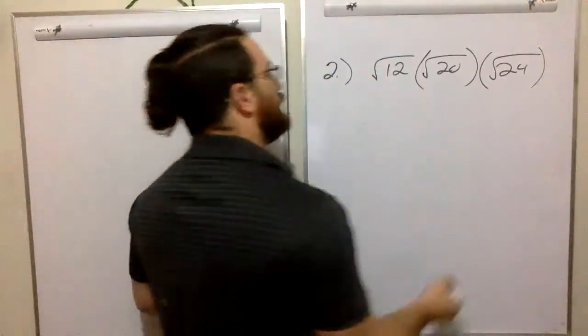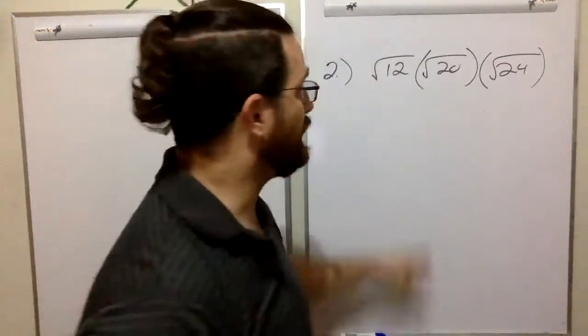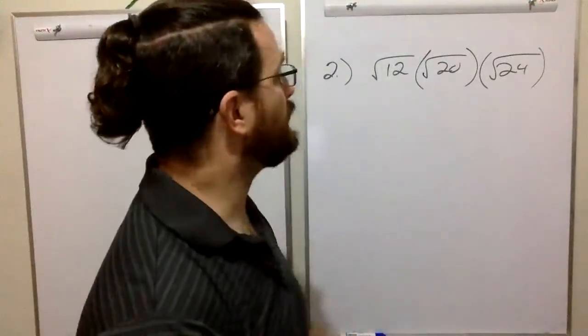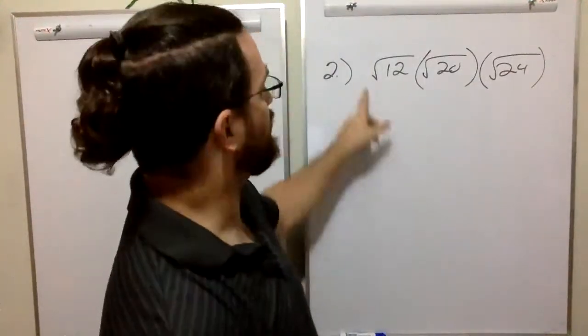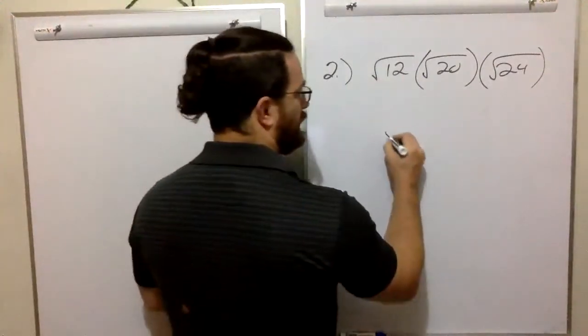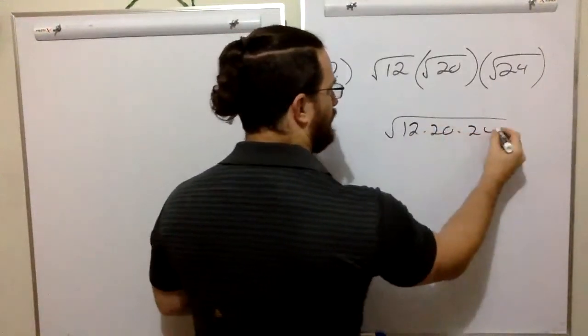You're doing this the same way as the other ones. It doesn't matter how many things are being multiplied together, the process is still the same. You still do outside times outside. In this case, there's nothing on the outside, so there's nothing to multiply. On the inside, you're just going to get 12 times 20 times 24.